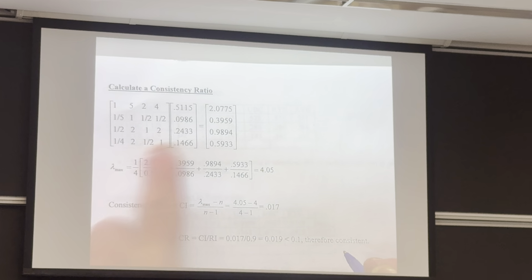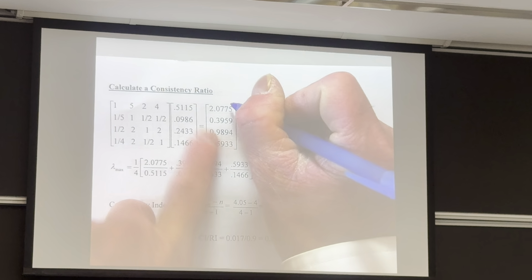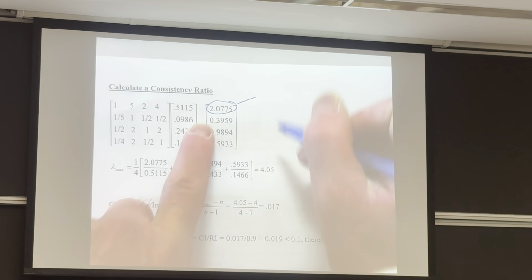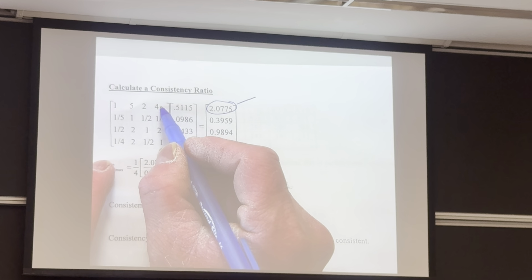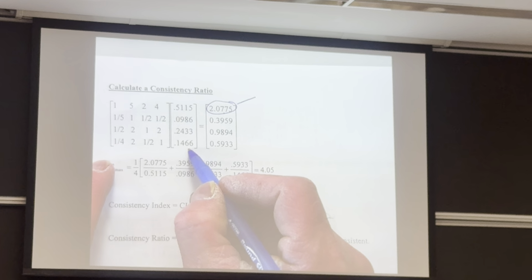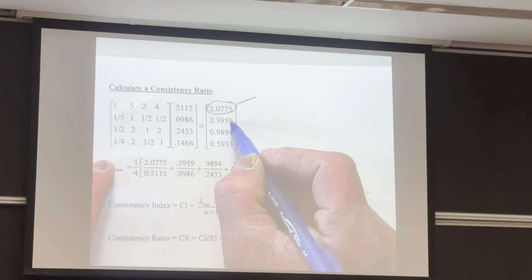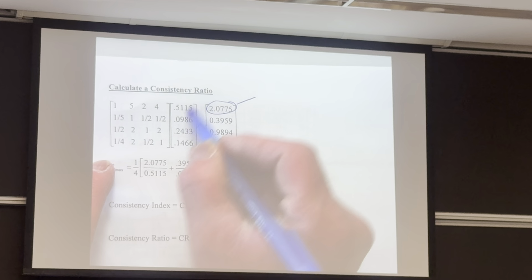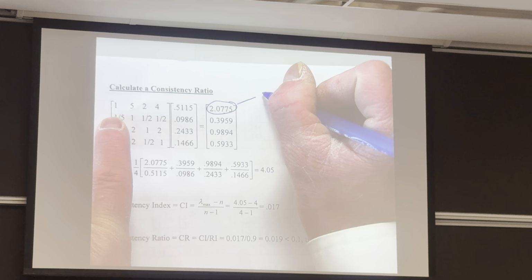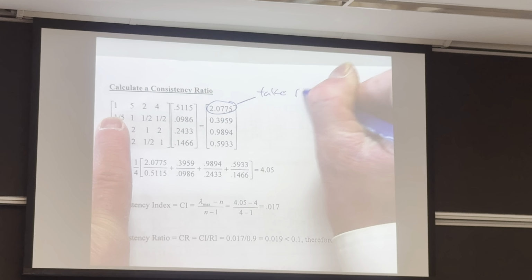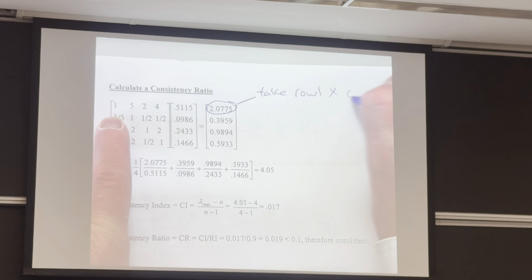Okay, and so we get this value. Let me just make sure you remember your matrix algebra here. So basically to get this value, we take this row and times this column. To get this number here, we take the second row and times the column, right? So basically to get that number here is basically we take row 1 and multiply by the column.